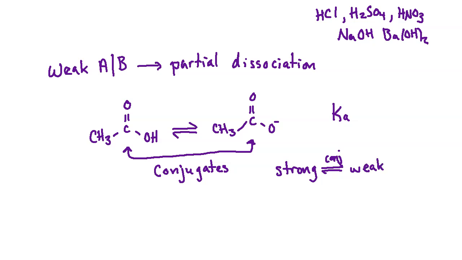In an extreme example, take something like HCl. We know HCl is a strong acid, so I would expect a weak base to result here. The weak base that results is a chloride ion, and a chloride ion is by definition a weak base. It is not considered a strong base like a hydroxide ion would be.